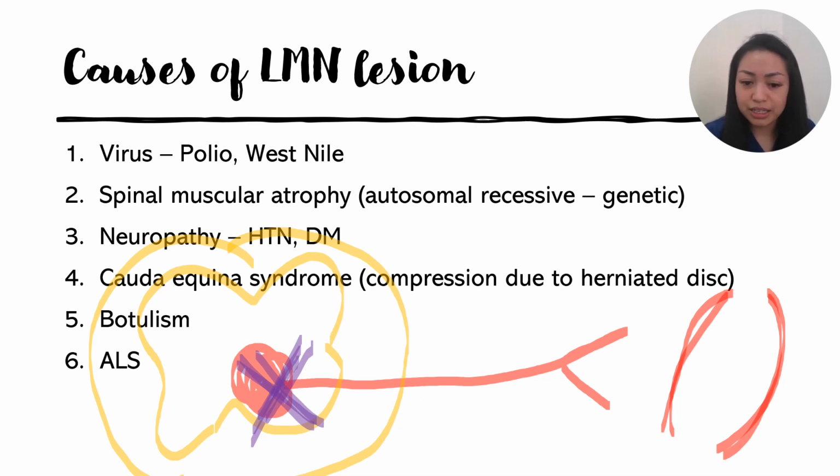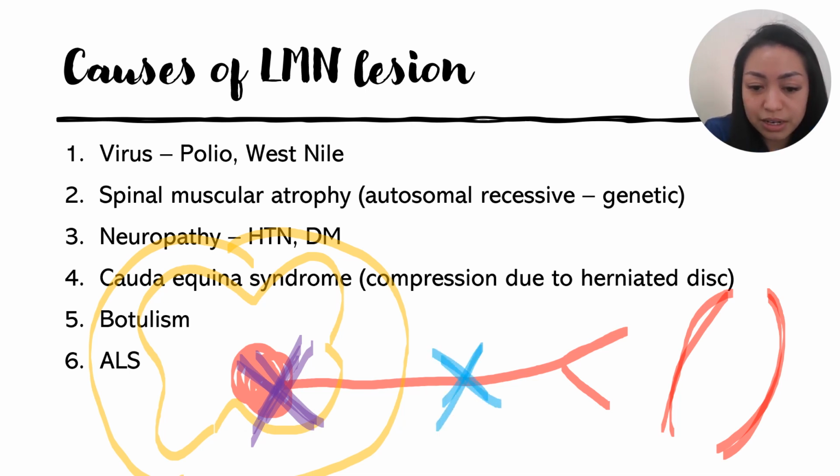And anything that can damage the lower motor neuron at this point, around the actual axon, can also cause a lower motor neuron lesion. So things like neuropathies damage the axons. It can be hypertensive or diabetic neuropathy, as a complication of hypertension and long-standing diabetes.